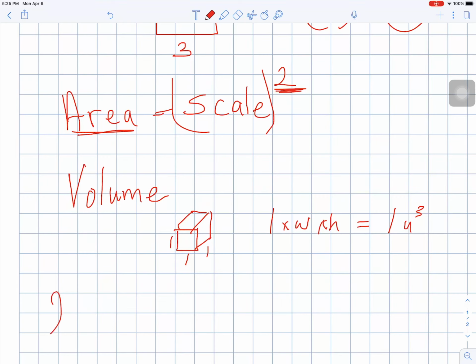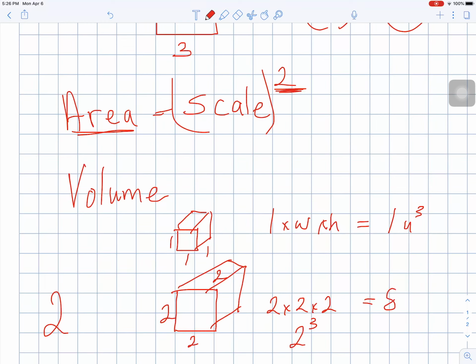If we go with a scale factor of 2, we're doubling the size of that cube. We're going 2 by 2 by 2, and we make that scale factor bigger. Sorry, this does not look quite like a cube, but it'll give you an idea. 2 by 2 by 2. Then you'll notice that our answer would be 2 times 2 times 2, which equals 2 cubed, which is going to be 8 units cubed.